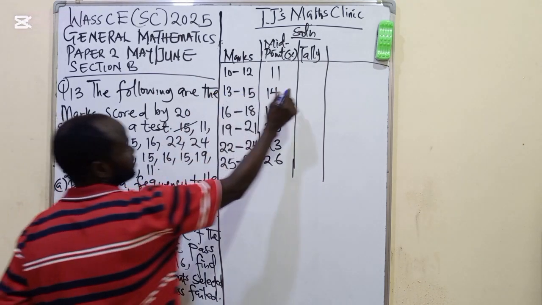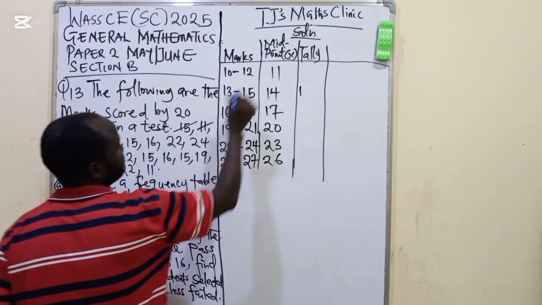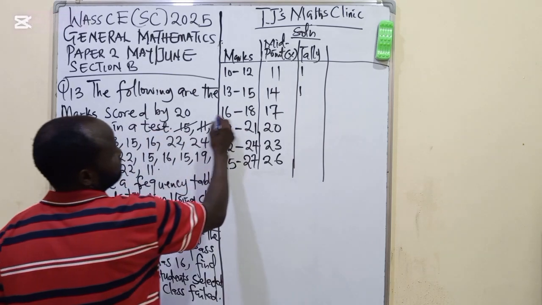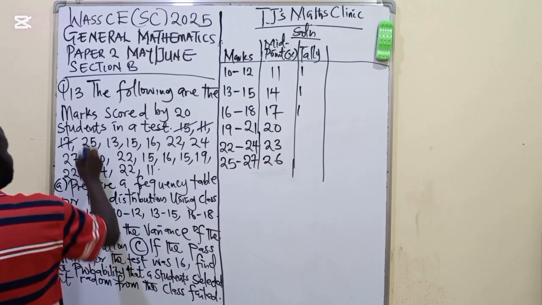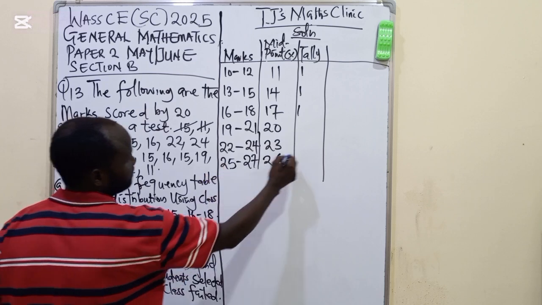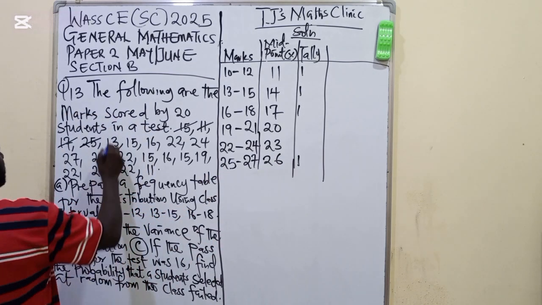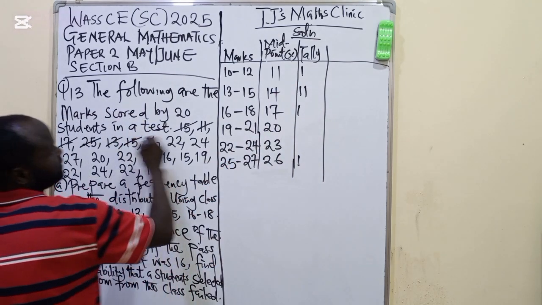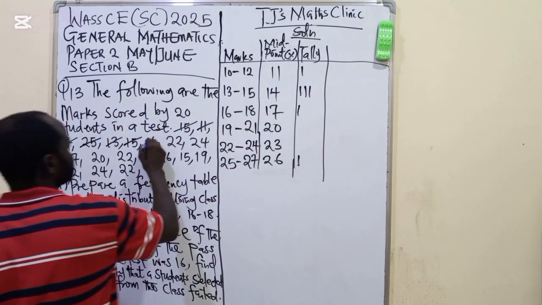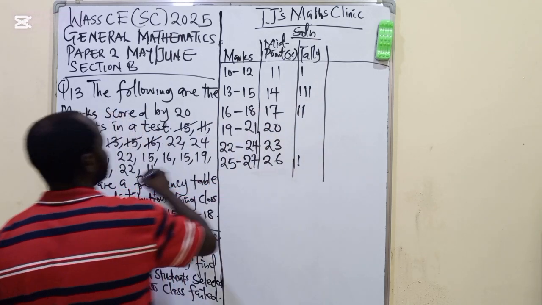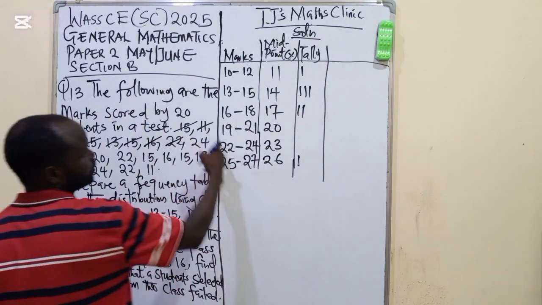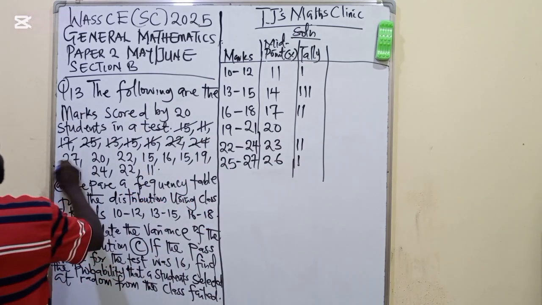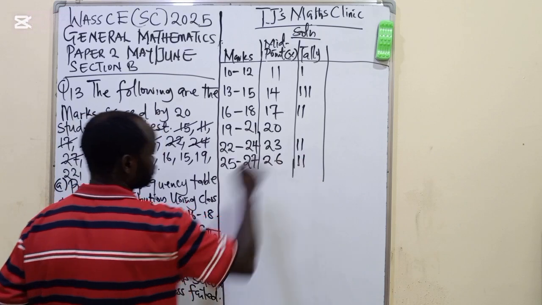We check 15 falls here, we drop one stick here. 11, of course, 11 falls here, we drop one stick. 17 will fall here, we drop one stick. 25, of course, 25 will be here, we drop one stick. 13, of course, 13 will be here, we drop one stick. 15, of course, 15 is here, we drop one stick. 16, of course, 16 will be here, we drop one stick. 22, of course, it will be here, we drop one stick. 24, it will be here, 27. To avoid mistakes, it's better you do it this way.